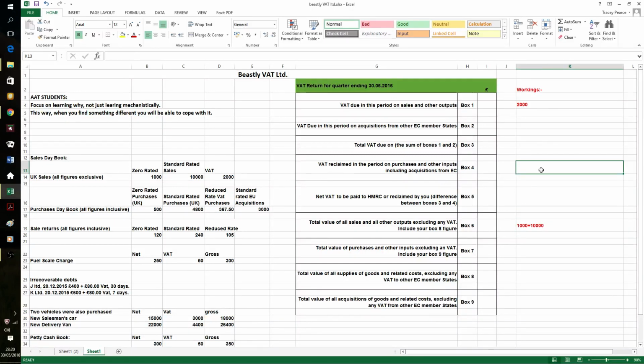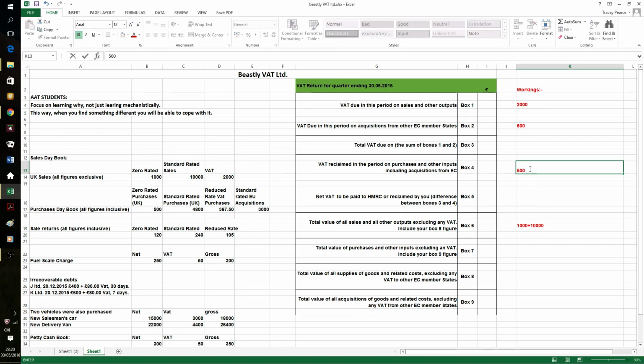On our purchases then, so of the 4 items we've got here, I'm just naturally going to get rid of the EU acquisition first, possibly because it just goes in box 2. £3,000. Now notice it's inclusive of VAT, including VAT. So that's £2,500 plus £500 VAT. So the £500 VAT goes in there, but I'm going to claim it back as well.